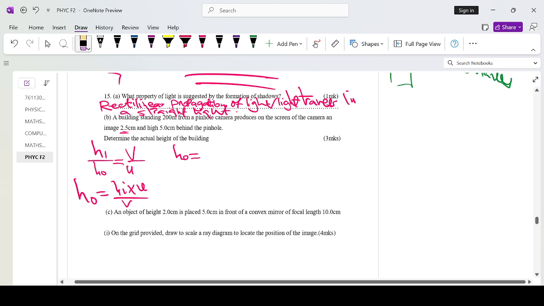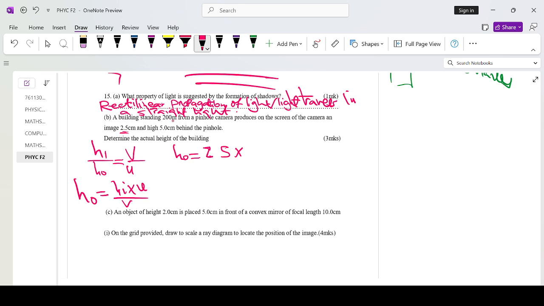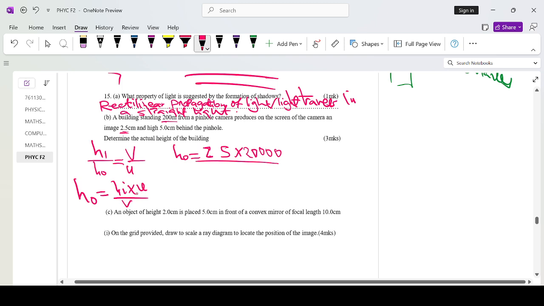That is 2.5 times the object distance from the camera. The object distance is 200 meters, converted to the same units by multiplying by 100 to bring it back to centimeters. So that becomes 20,000, over the image distance 5 centimeters behind, so that is 5.